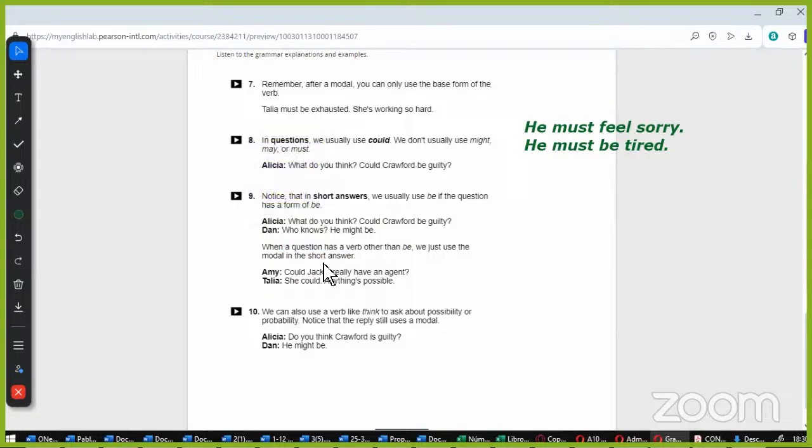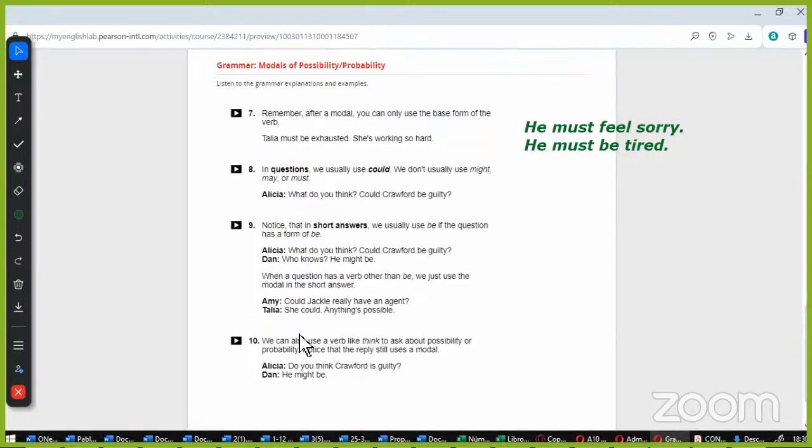She could. And finally, we can also use a verb like think to ask about a possibility or probability. Notice that the reply still uses a modal. Do you think Crawford is guilty? He might be. Okay, so here, we're using this verb to ask about a possibility or probability. And the reply uses a modal.